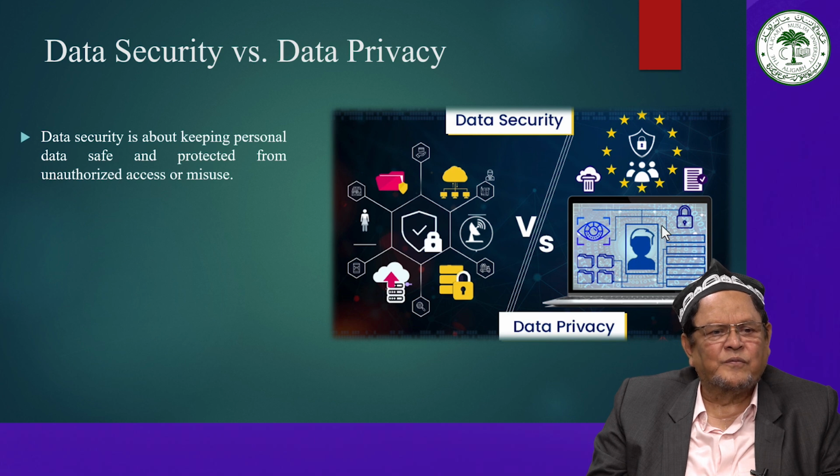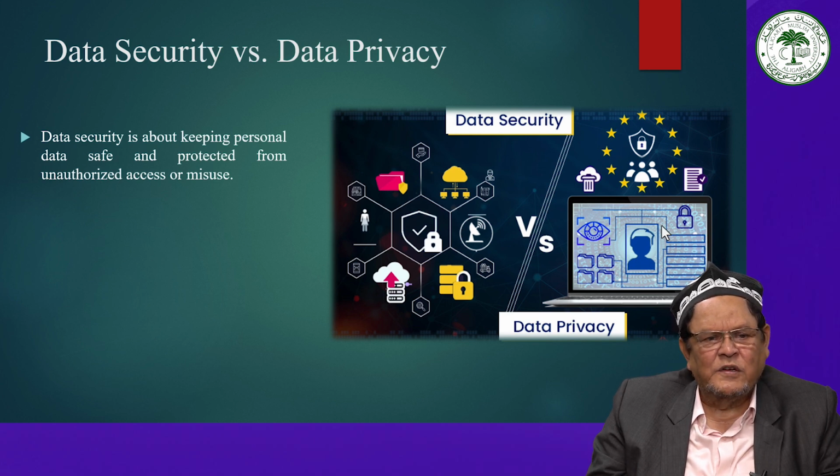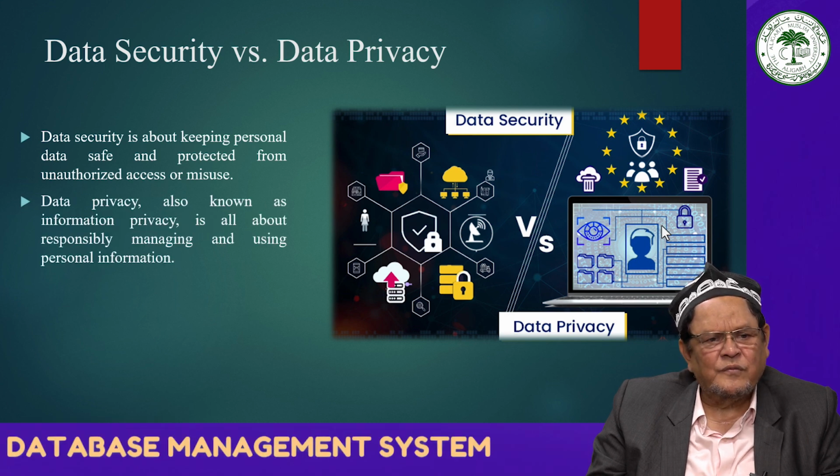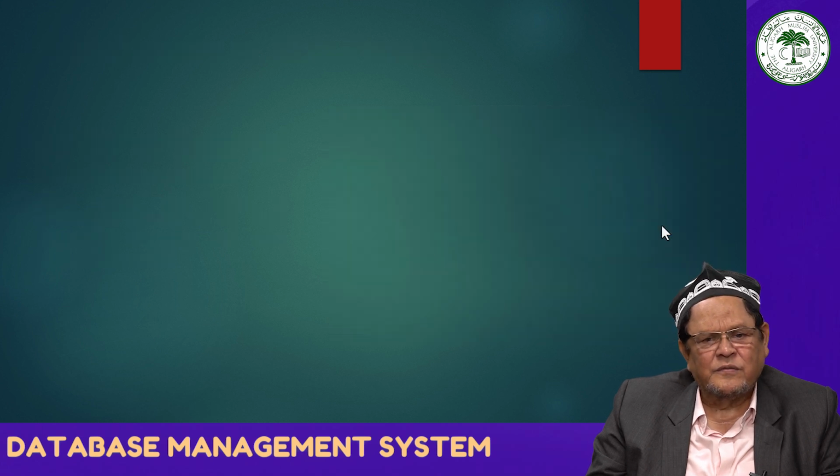So data security is about keeping personal data safe and protected from unauthorized access or misuse. Data privacy, also known as information privacy, is all about the responsibility of managing and using personal information.